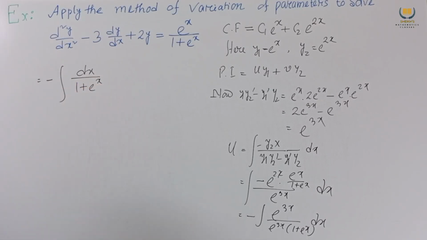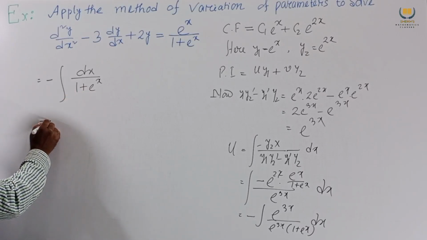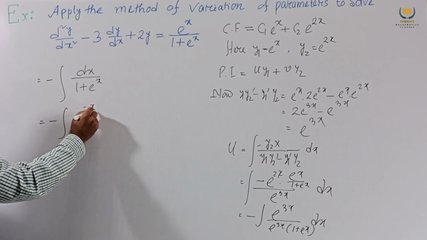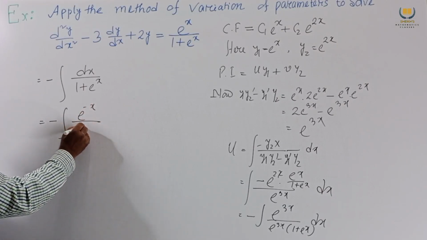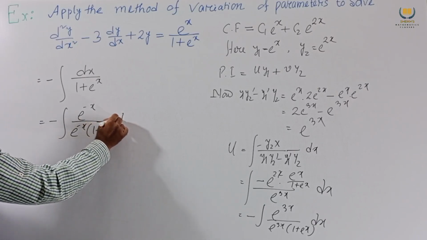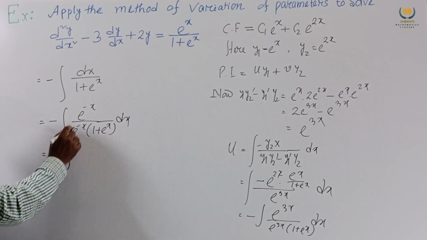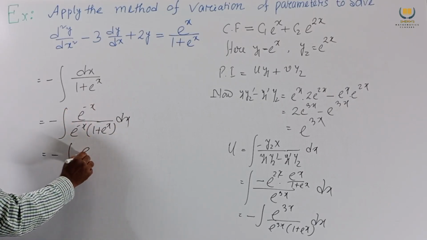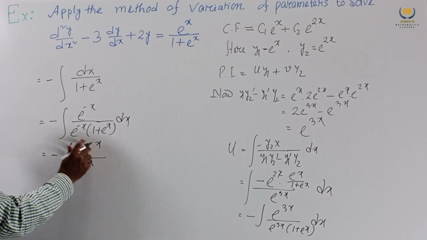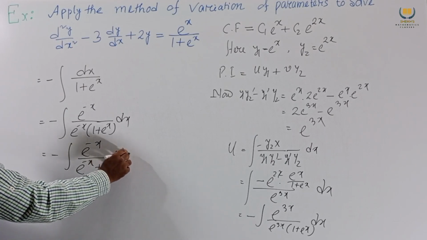Now, how to solve this problem? We multiply numerator and denominator by e to the power minus x. If we multiply, then e to the power minus x into e to the power x gives e to the power 0, which is 1, dx.